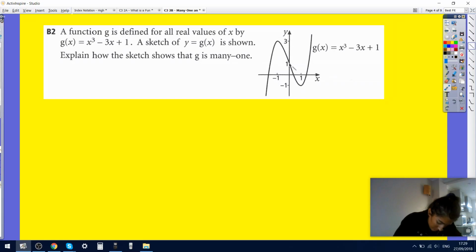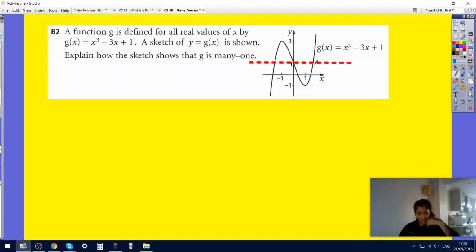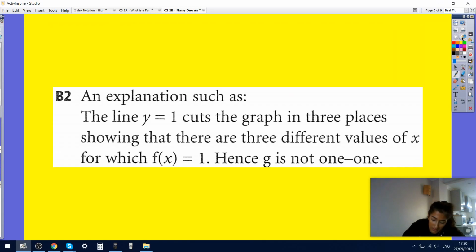Oh, I think that's a fine one actually. So if I just draw that line across, yeah, all those inputs, that x value. When x is 0, you get 1. When x is 1 point something, you get 1. And when x is minus 1 point something, you get 1 as well. Okay, many-to-one function.